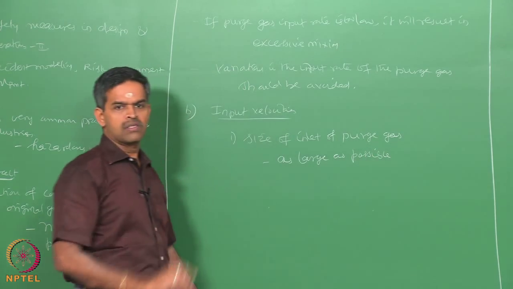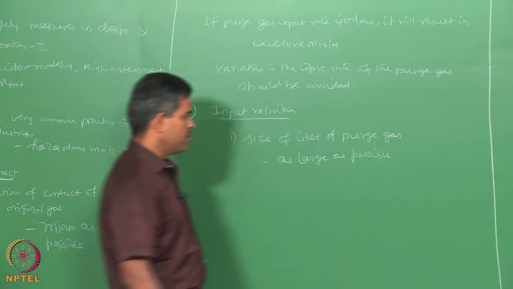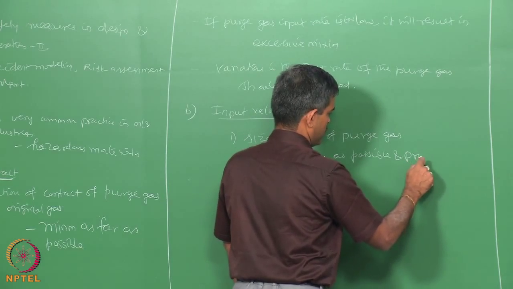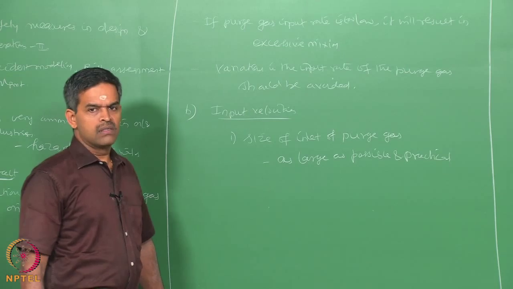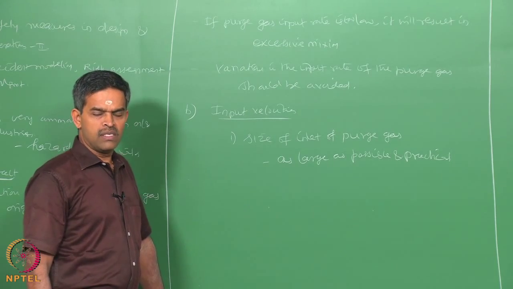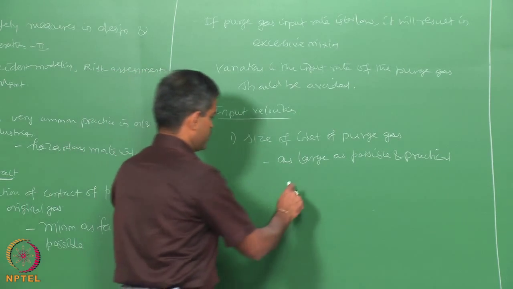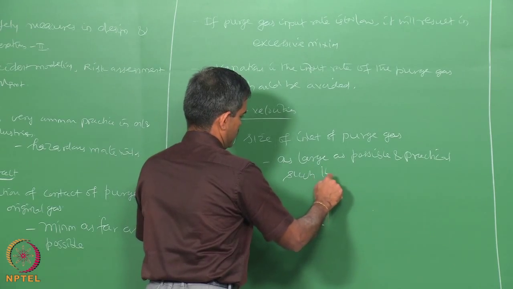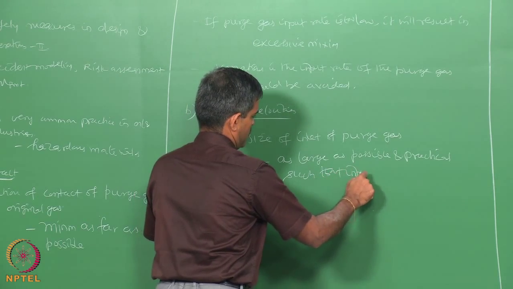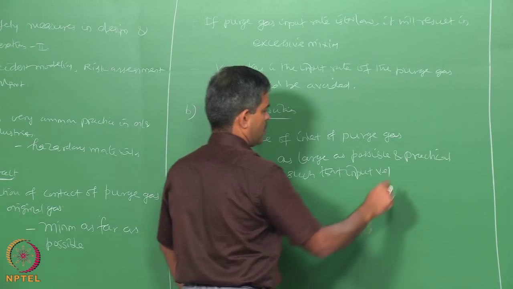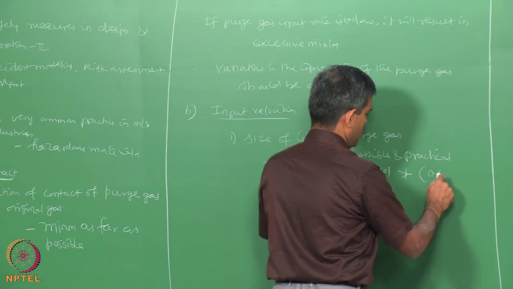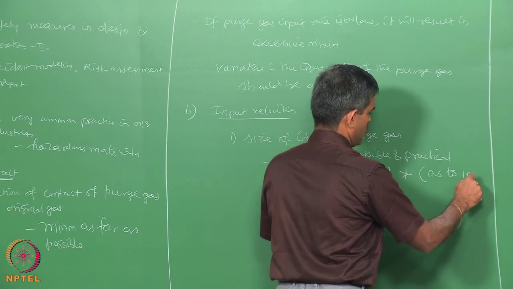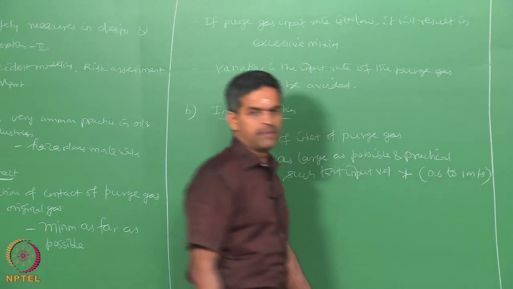It should be as large as possible and practical, such that the input velocity should not exceed a specific value, let us say in the range of 0.6 to 1 meter per second.